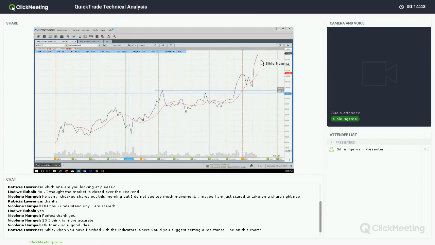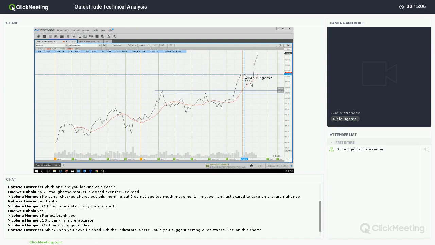For us to get resistance, the price would have to maybe reverse and come down from where I have that dot there. Then we're going to have that area where I have my chart as some resistance. But right now there is no resistance. Like here, when the price was going down, where we have our dotted line, that area was our resistance.